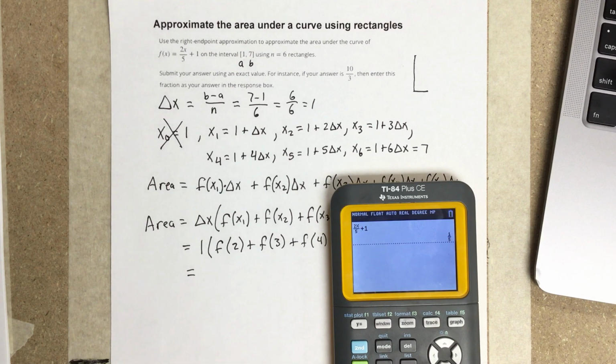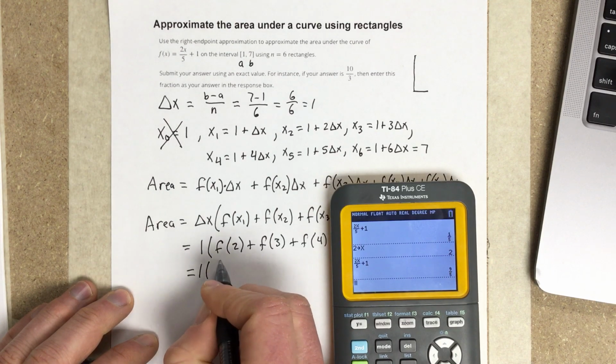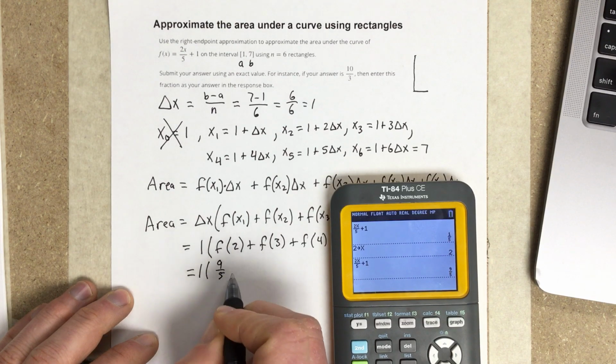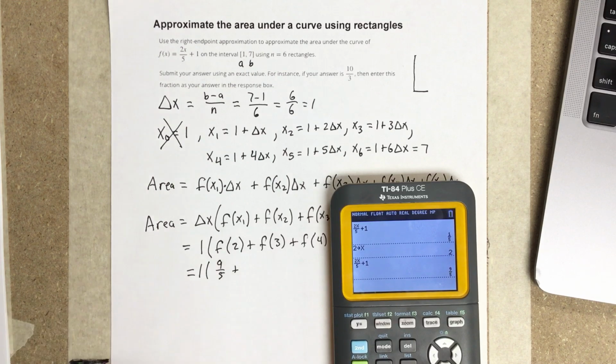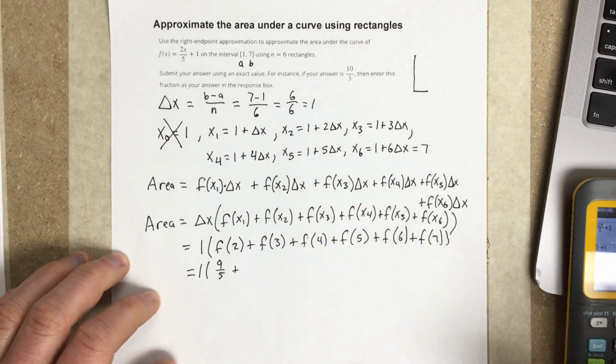And then I'm going to store these numbers. So I'm going to say 2 stores x and plug it in there. We get 9 over 5. So we've got 1 times 9 over 5 plus, we're going to store 3 as x. We get 11 over 5.